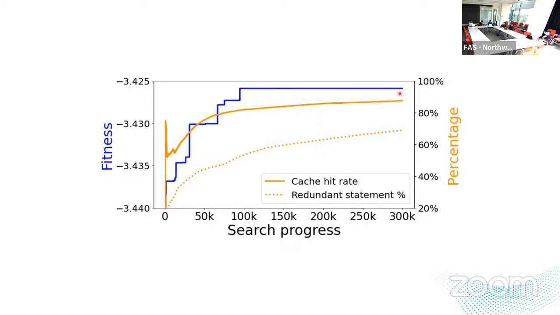And in terms of redundant statements, it's also 69%. They have found programs which have redundant statements. So they mentioned that this abstract execution is very important in terms of quickly getting the output.